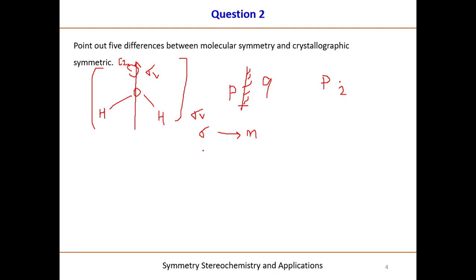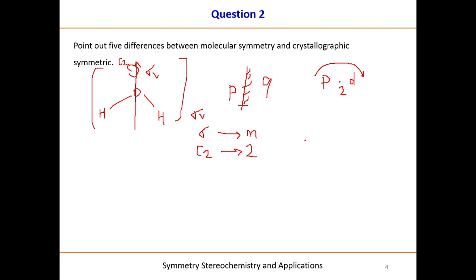So here, instead of C2, we are writing 2. 2 means two-fold symmetry. If you rotate this molecule like this, you will get this as a product. So this is the two-fold axis. Two-fold axis is denoted by 2 here.